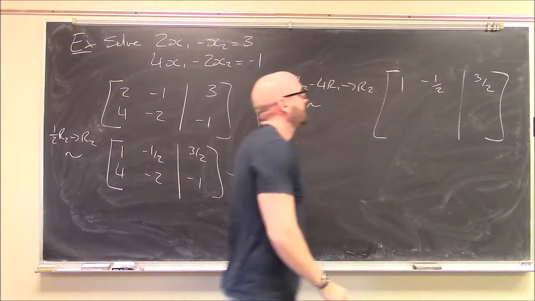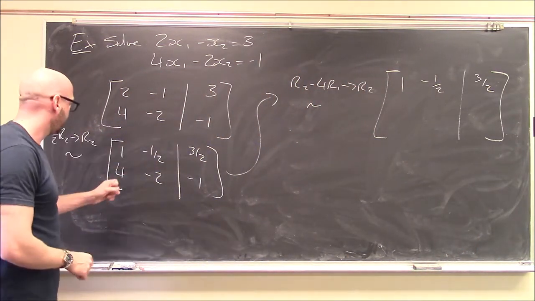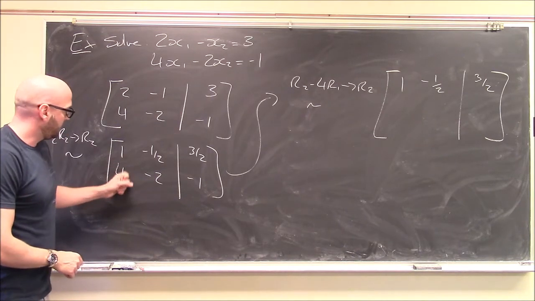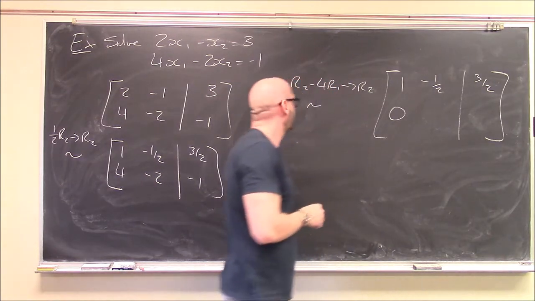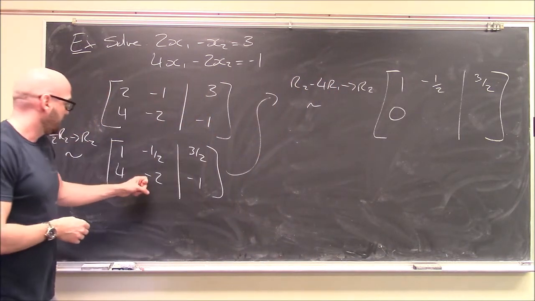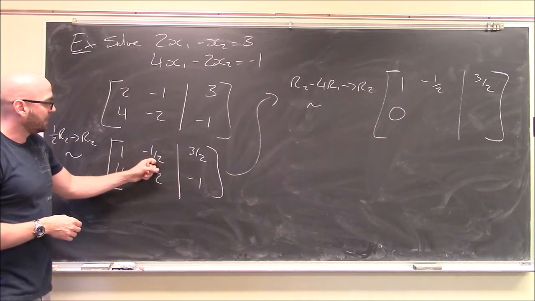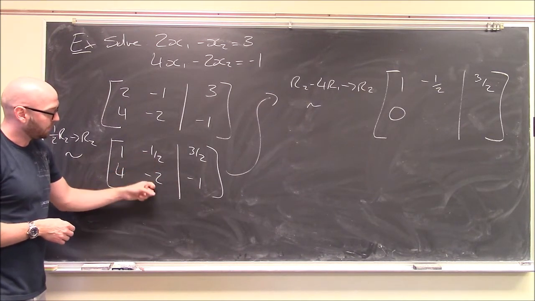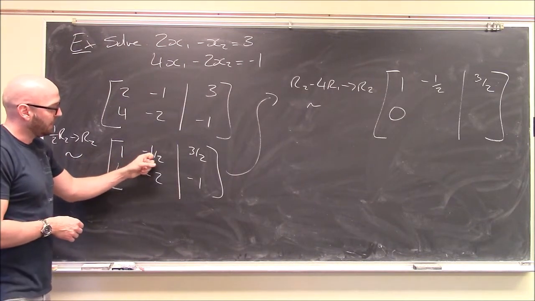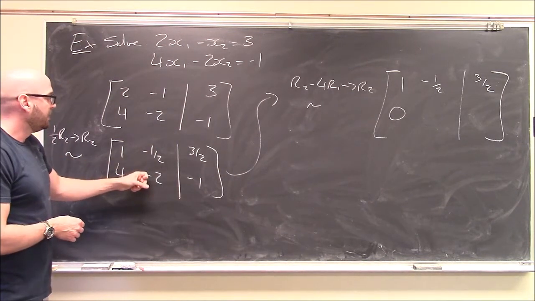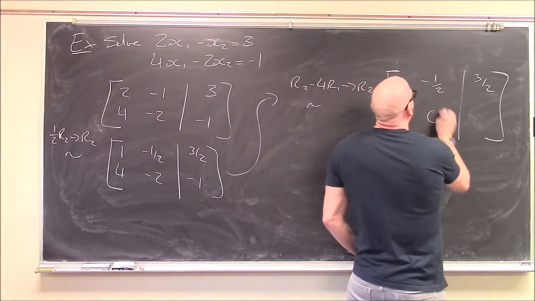Again, make sure you don't make copying errors there. 1, minus 1/2, 3/2. And let's see, I've got 4 minus 4 times 1. 4 minus 4 is 0, exactly as I wanted. I've got minus 2 minus 4 times 1/2... 4 times minus 1/2 is minus 2. So minus 2 minus minus 2 is minus 2 plus 2 is 0.